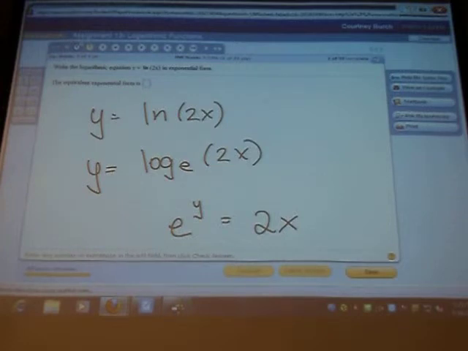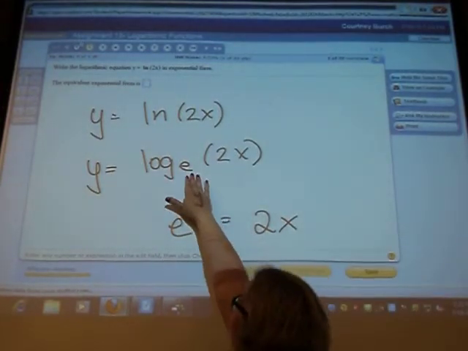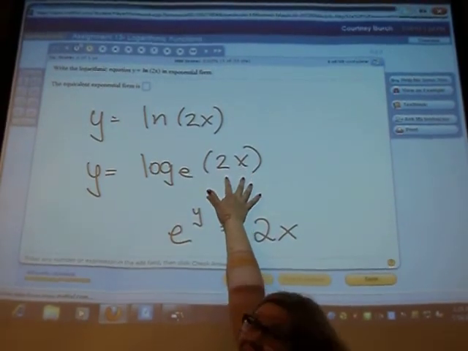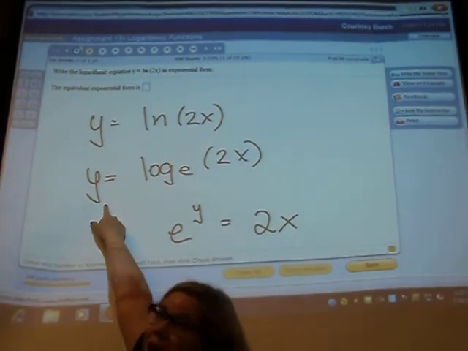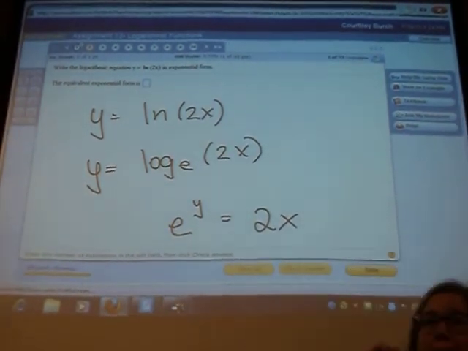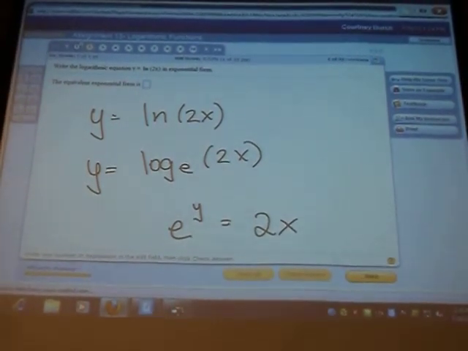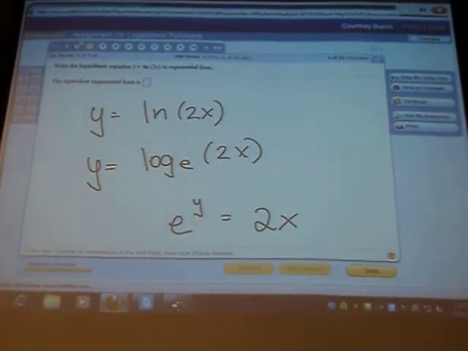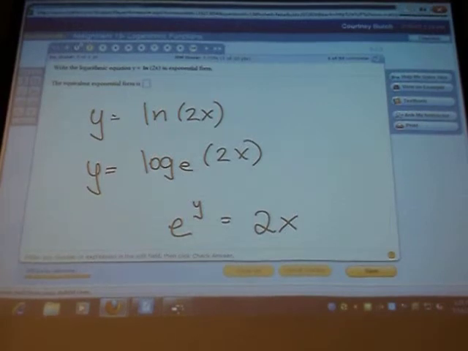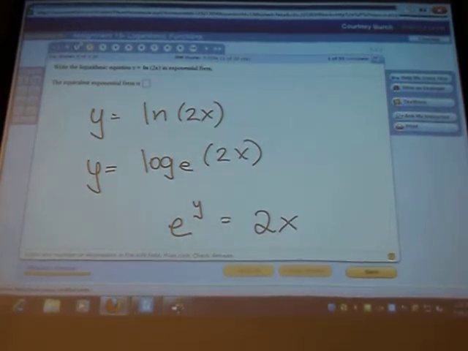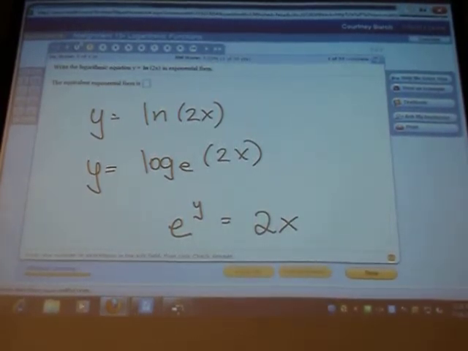The way I interpret the log function is that E is what's raised to a power, 2x is the answer, so 2x is what it's equal to, and Y is the power. How do you write log base E of 2x? That's just what ln of 2x means. It means log base E of 2x.